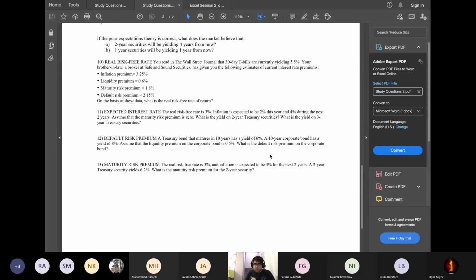We don't have liquidity, we don't have default because it is government bond, it is treasury. So 3% plus 3% plus MRP is equal to 6.2%. MRP is 0.2%.